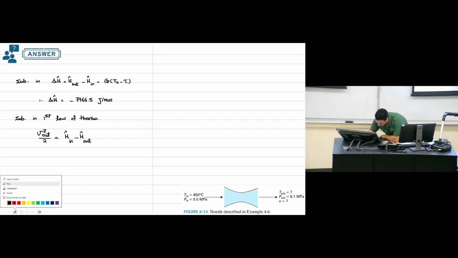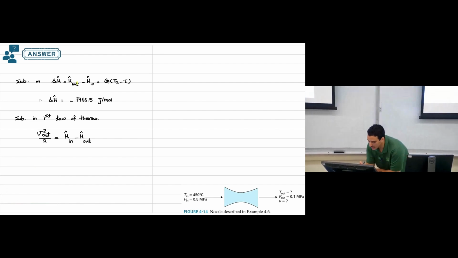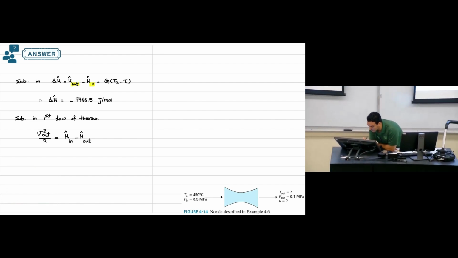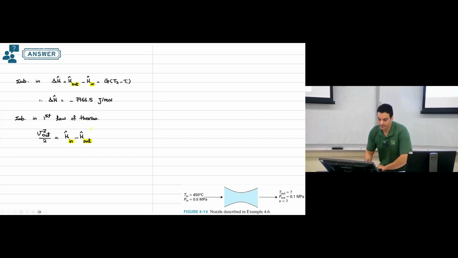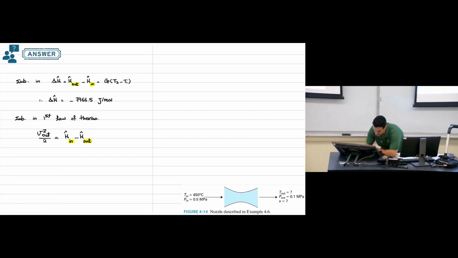But just notice one thing. Here in the delta H equation, it calculates outlet enthalpy minus inlet enthalpy. In the first law of thermodynamics, we have inlet minus outlet. So make sure you consider the sign. Okay, because here we have a difference in this one.